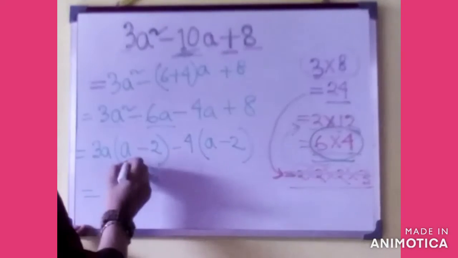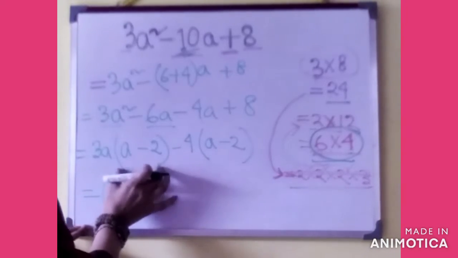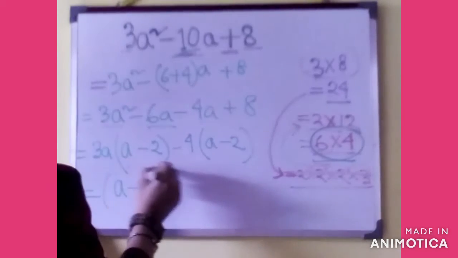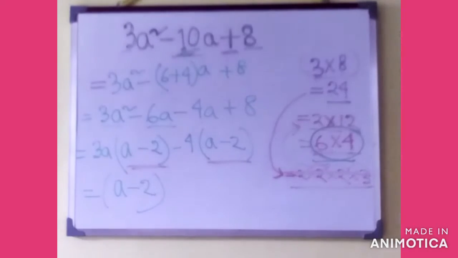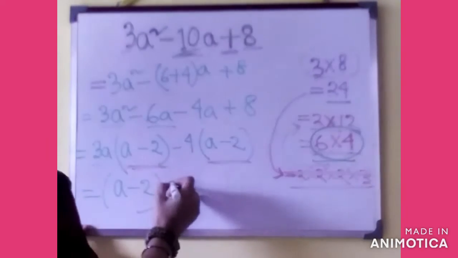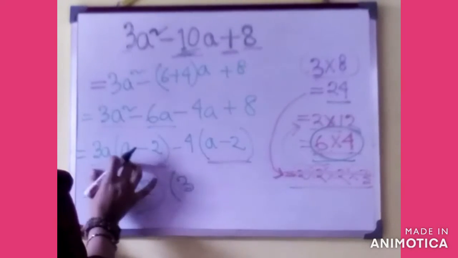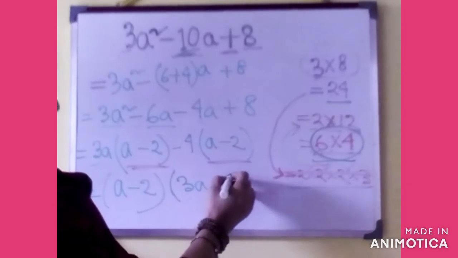So ultimately I am getting a minus 2. I am taking it as common because a minus 2 is common in both the terms. So a minus 2, and the rest is 3a from the first term and minus 4 from the second term.